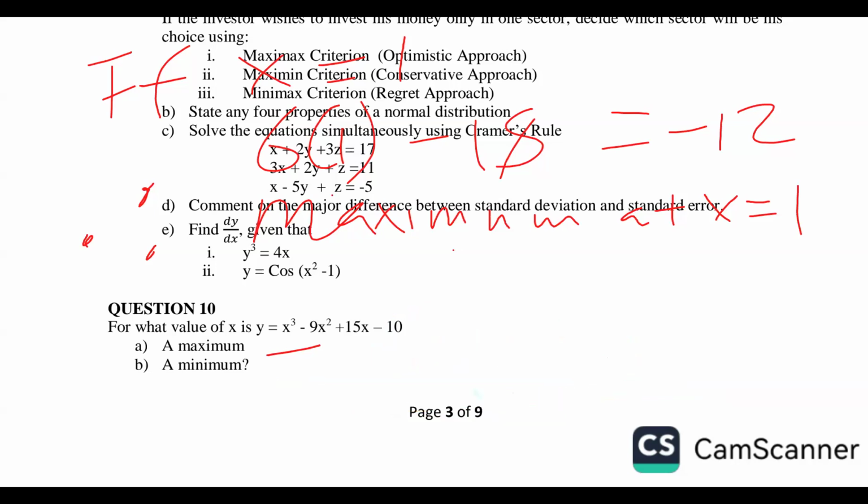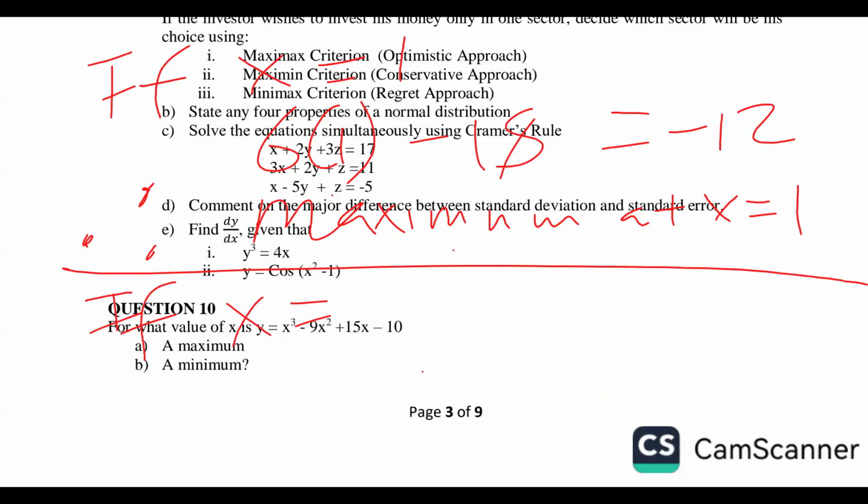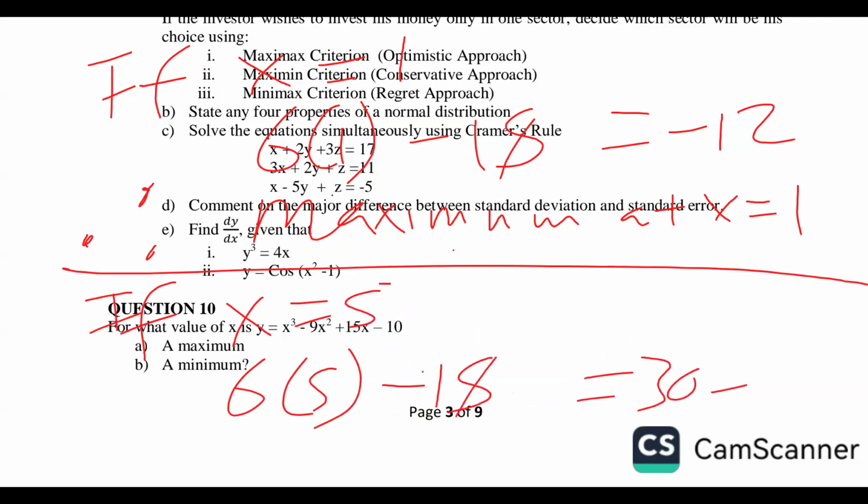And again, if x is equal to 5, then you have 6 times 5 minus 18, so that we have 30 minus 18. That gives you 12, and this 12 is a positive value.